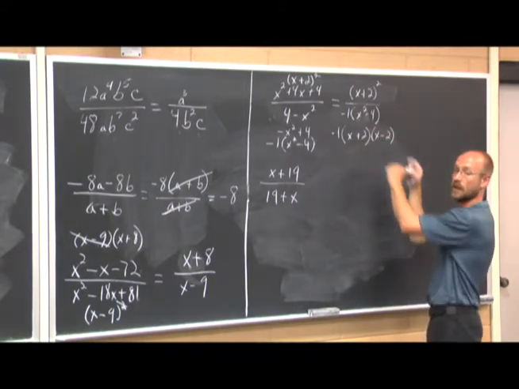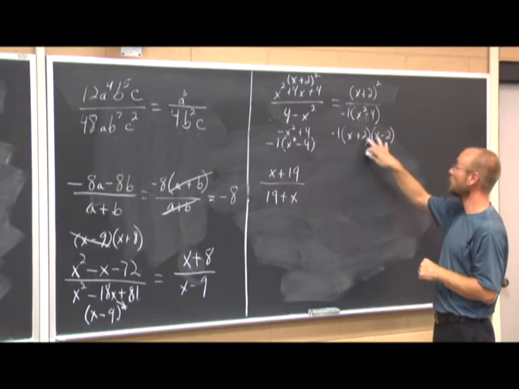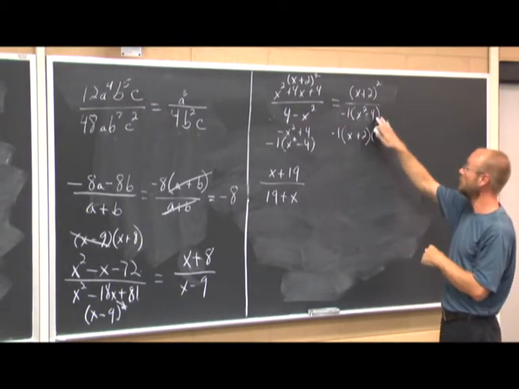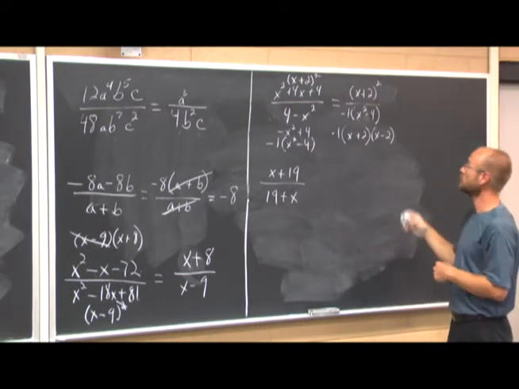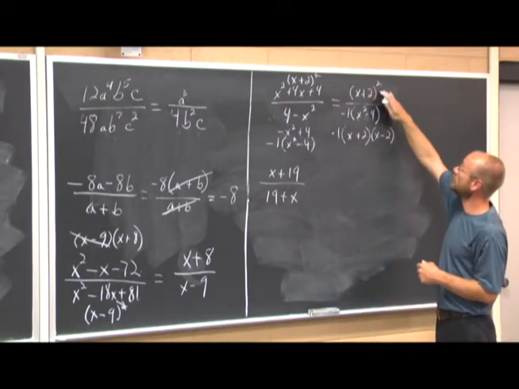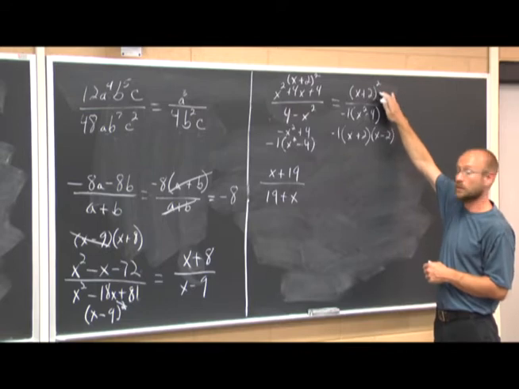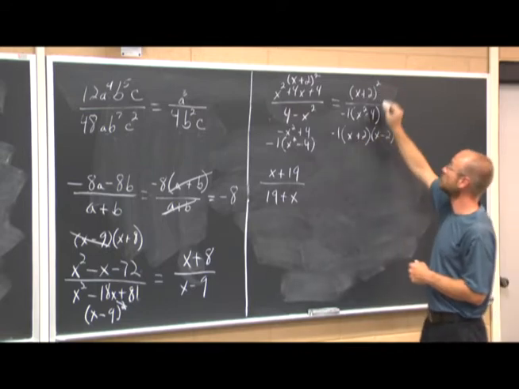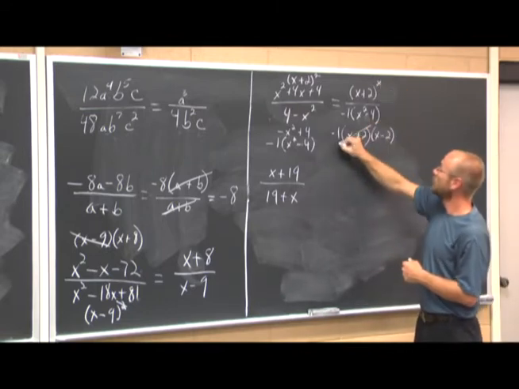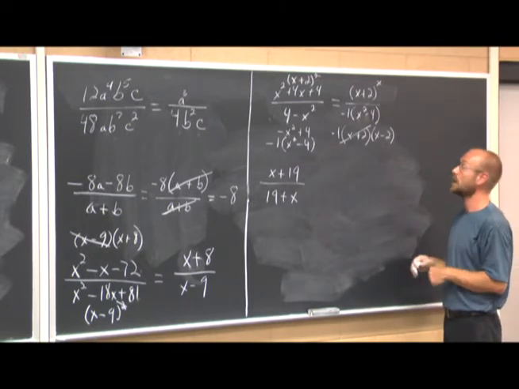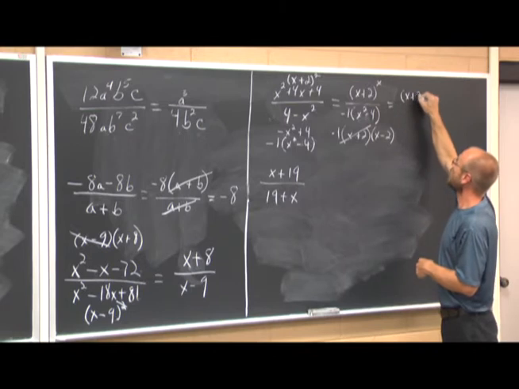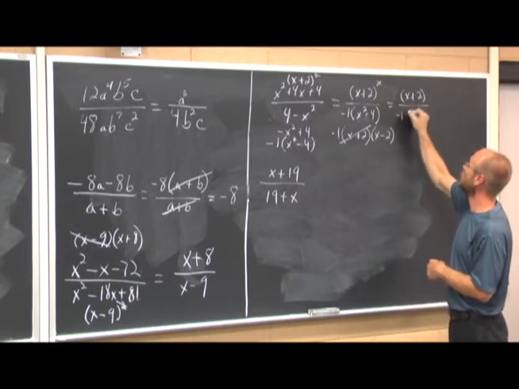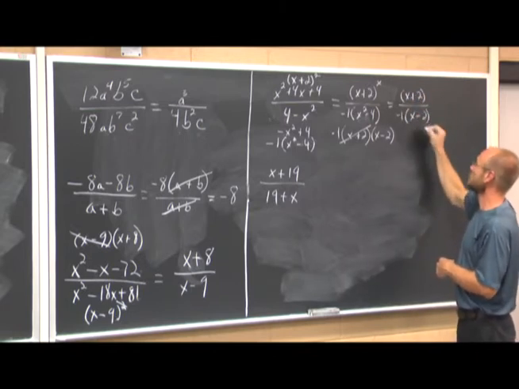The difference of squares always factors to that square root value of 4, plus or minus. We change the signs, the different signs from the difference of squares. And now we can see, hey, I have 2 factors of x plus 2 on top and 1 on the bottom. So 1 on top can reduce the 1 on the bottom to 1. Now what's left? X plus 2 over negative 1 times (x minus 2).